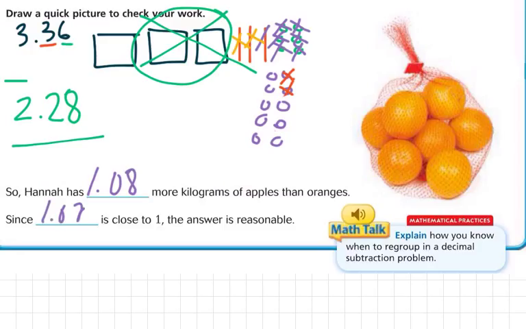So at the bottom of the page, boys and girls, here it says, explain how you know when to regroup in a decimal subtraction problem.